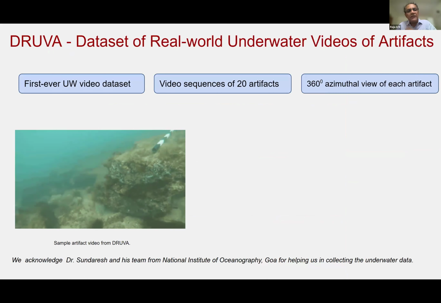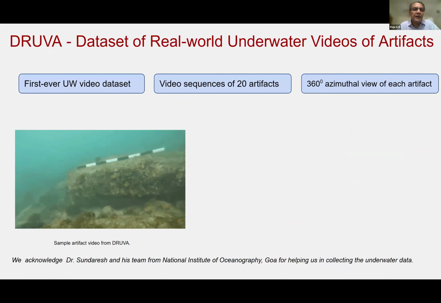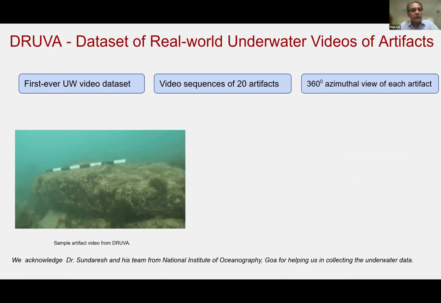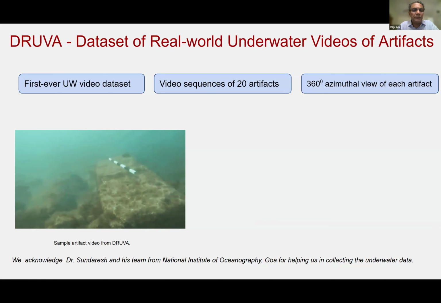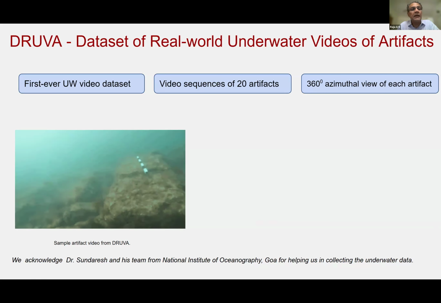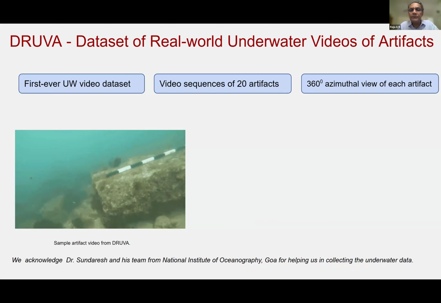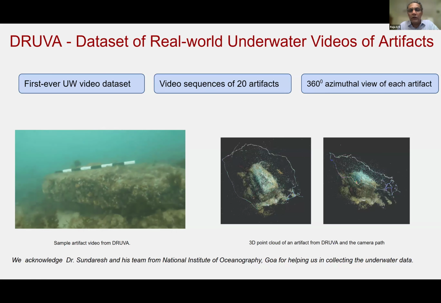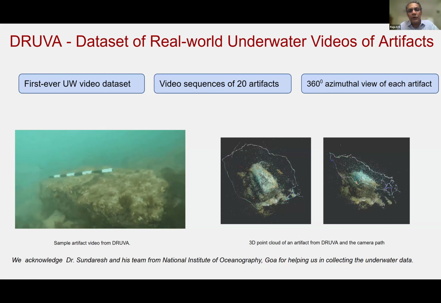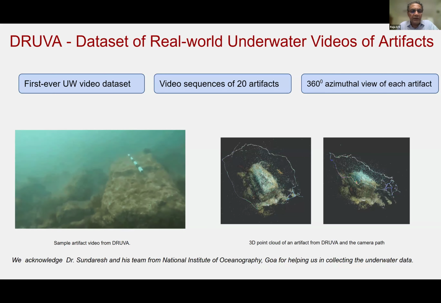It's a complete 360-degree azimuthal view of the artifact. On the left, I'm showing you how the artifact looks. These are some interesting artifacts in shallow waters, and this is in fact the first ever underwater video data set. It had to be curated before it could be released. And on the right is a 3D point cloud, which also tells what the camera path was, which the diver took.